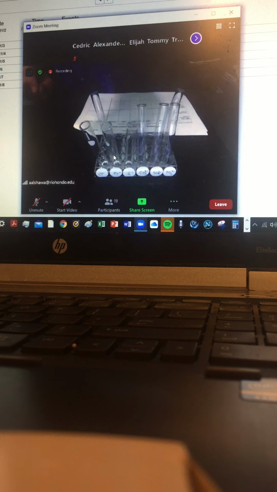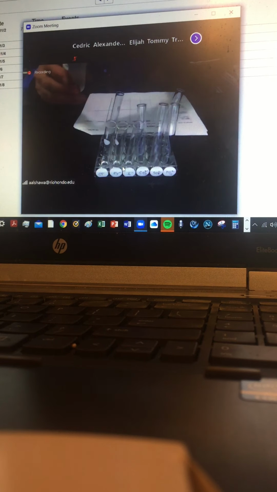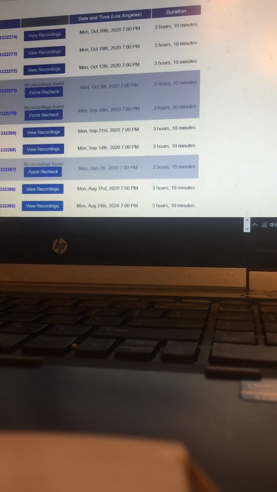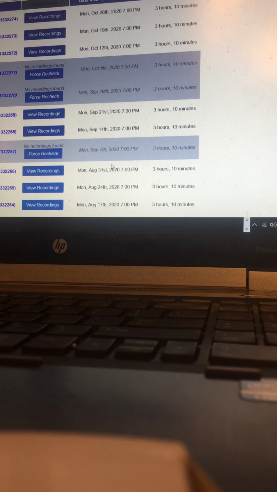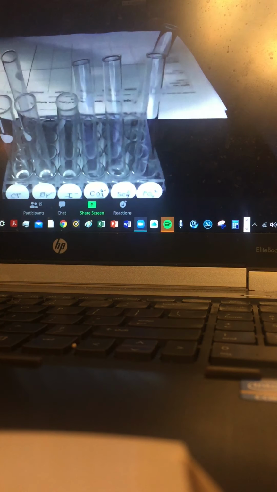And next is sodium sulfate. So I got sodium sulfate. And then the last one is the sodium phosphate.